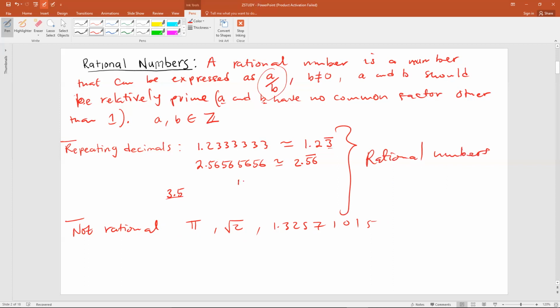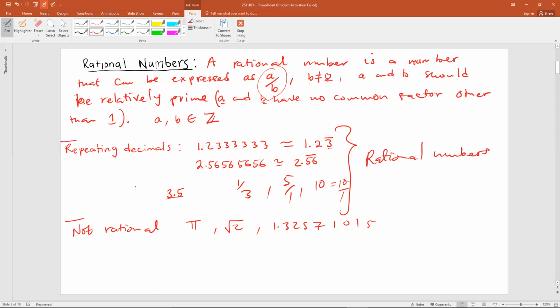Even 1/3 is rational. 5/1 is rational. In other words, even a whole number 10 is rational because 10 can be written as 10/1. So it can be expressed in the form A/B, with the only exception that B is not supposed to be 0. So B can be 1. So 10 is a rational number.